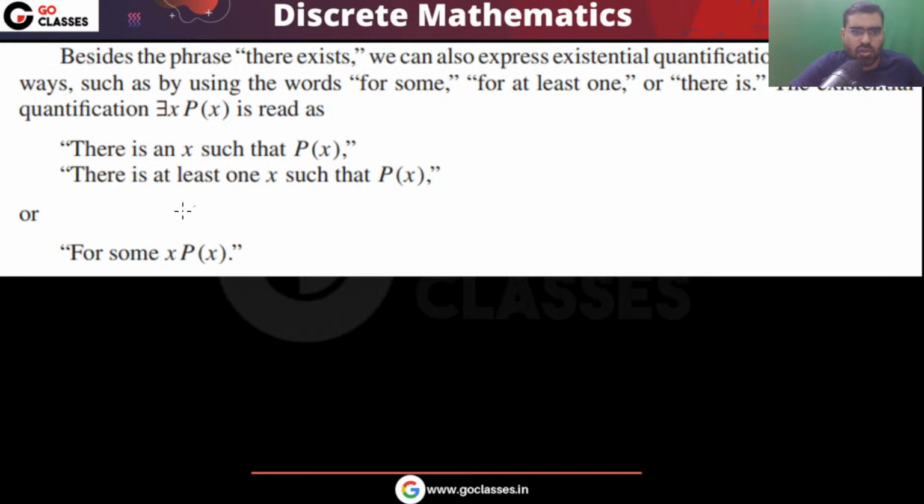Also remember, all these things are the same: there is at least one x for which P(x) is true, there exists x for which P(x) is true. You can read it in many ways. For some, for at least one, there is, there exists, all these words are the same.